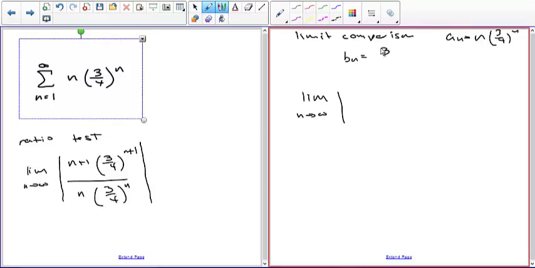B sub n would just be 3/4 to the n. And if you took the ratio of a sub n over b sub n, or I'm not sure which way it was, but it doesn't really matter because all you're looking for is that it's equal to some value. Well, I guess it would be important.